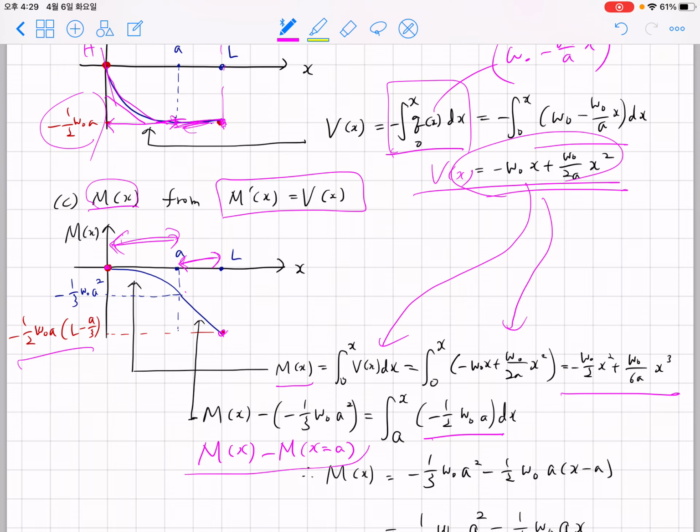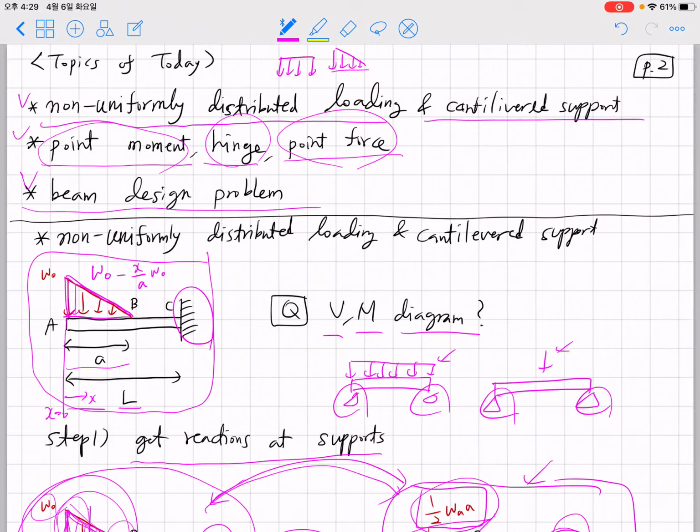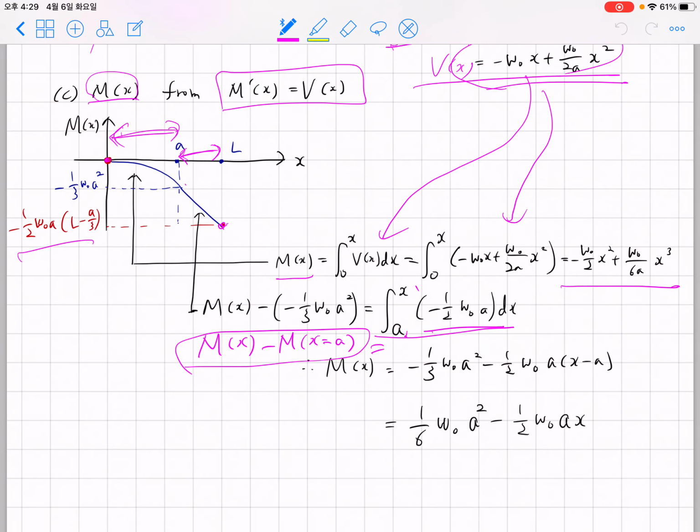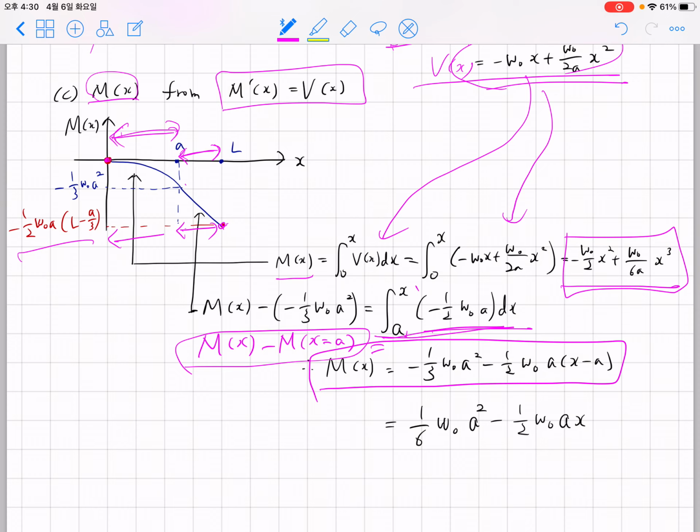You have to always consider this difference and do integration from A to L. So please do not be confused about this. This relationship only considers the difference between 2 points. After plugging in the numbers, you can obtain the analytical expression of M within this zone.